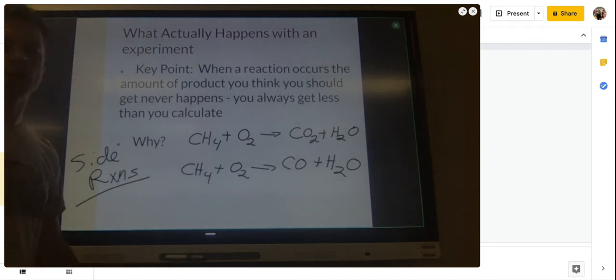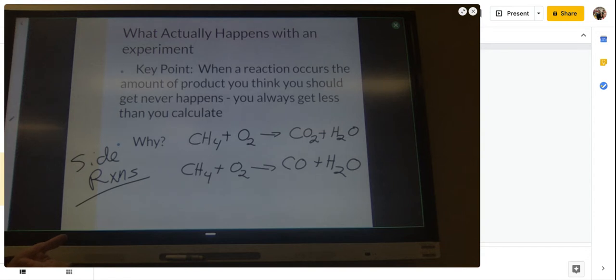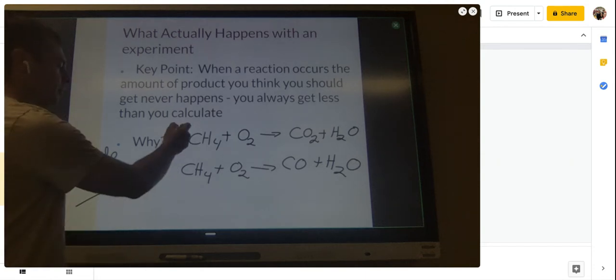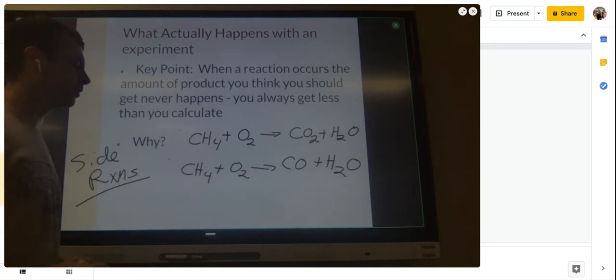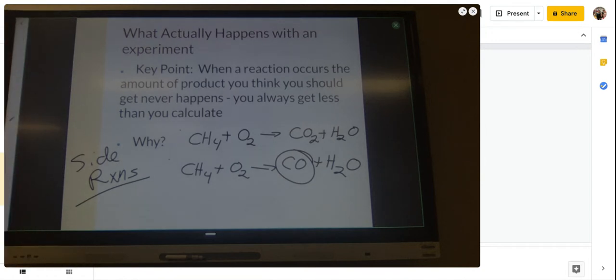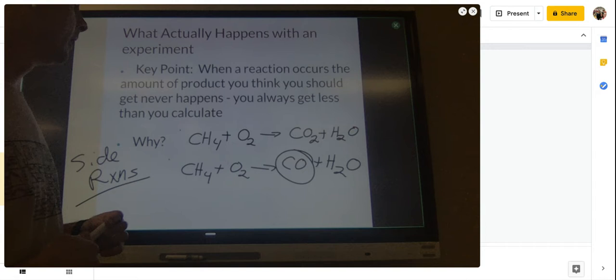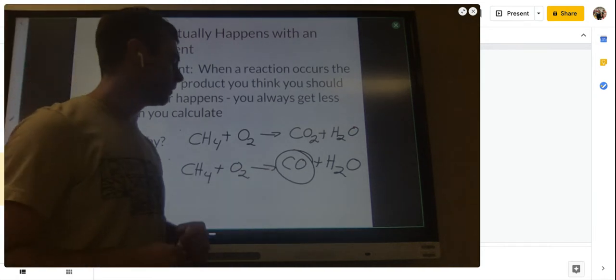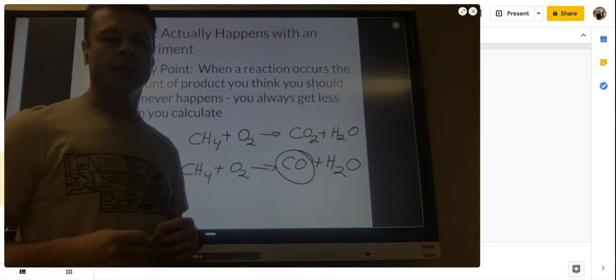Side reactions are reactions that occur that you don't really think are occurring, and you're getting product that you don't really want. So when we have complete combustion, but we get a little bit of incomplete combustion, one of the side reaction products is going to be CO. So if the goal is to make as much CO2 as possible, and you have this CO being made, that kind of screws up what you guys think.